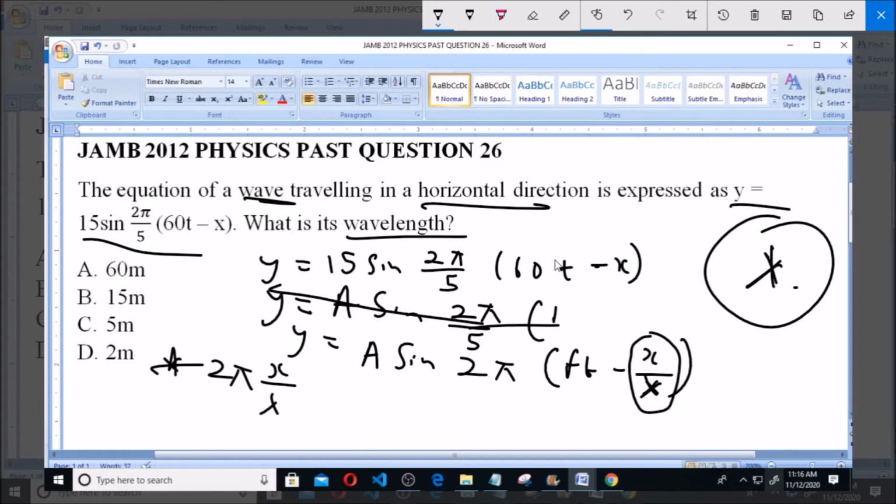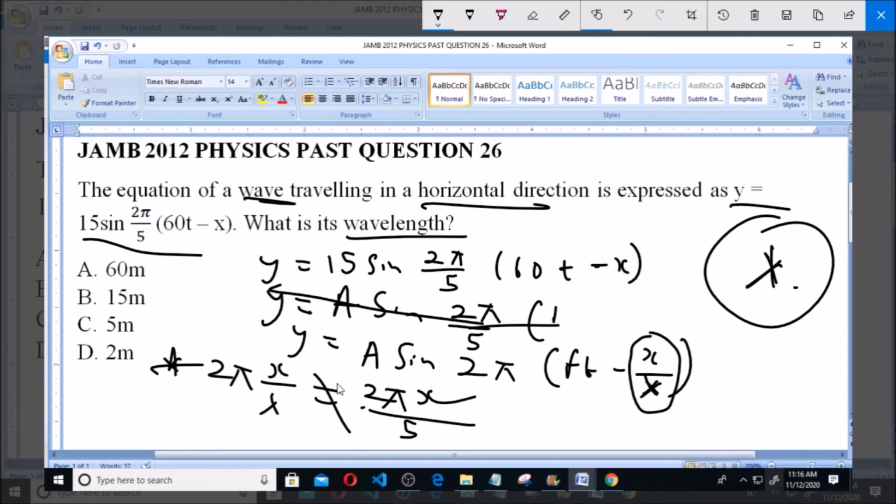Now you also compare it with the similar part from the equation that was given to you. So you compare it with this same part, 2πx divided by 5.